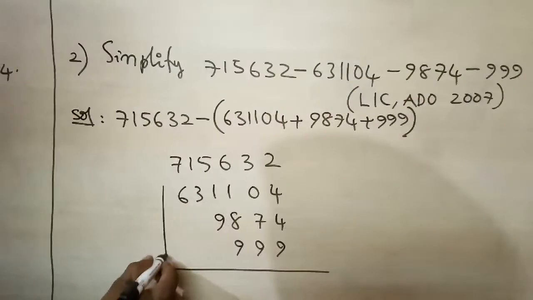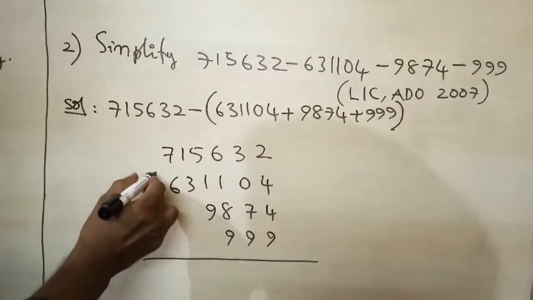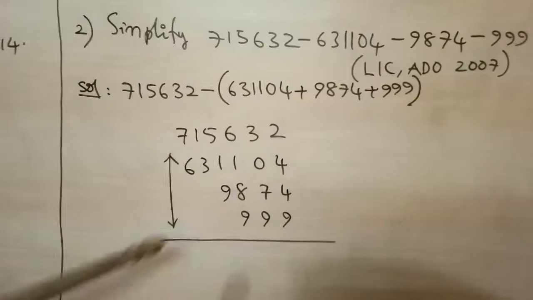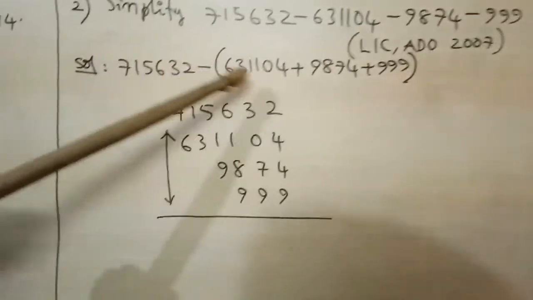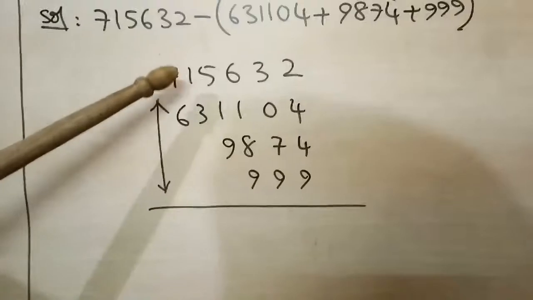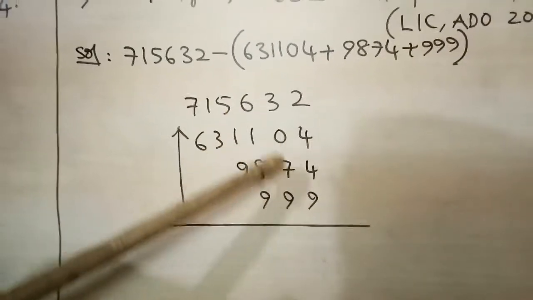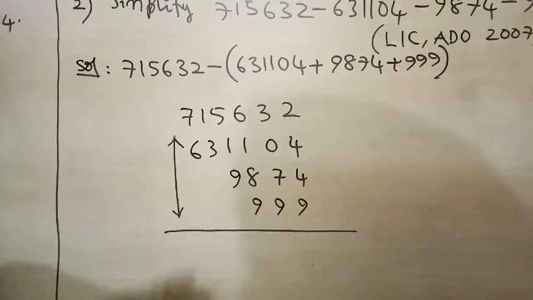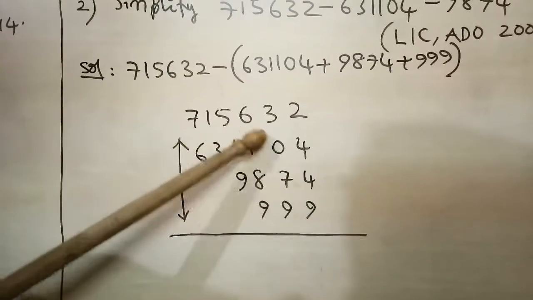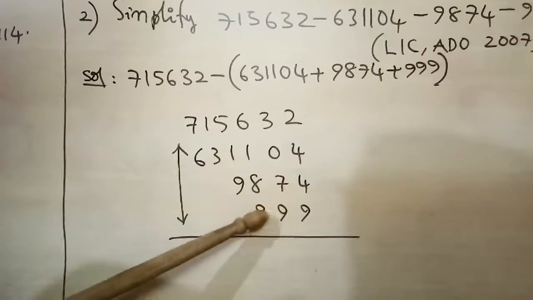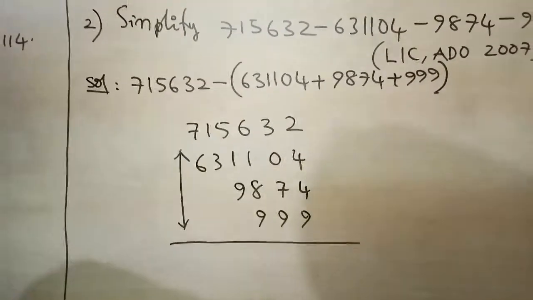Here we have to subtract these numbers. We have to subtract the sum of these three numbers from the first number.